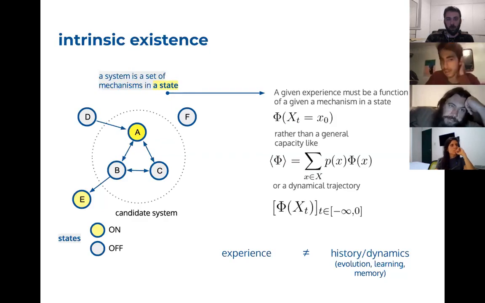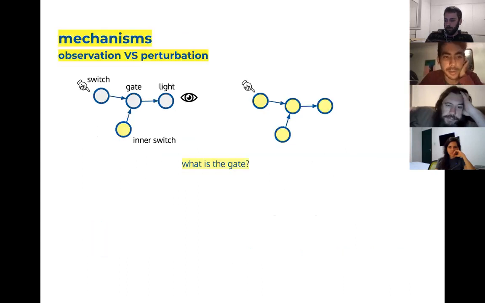So now, how do you assess the causal powers of a system? It's not enough to just observe it. For example, you have a light switch, and you click the switch and then it lights.